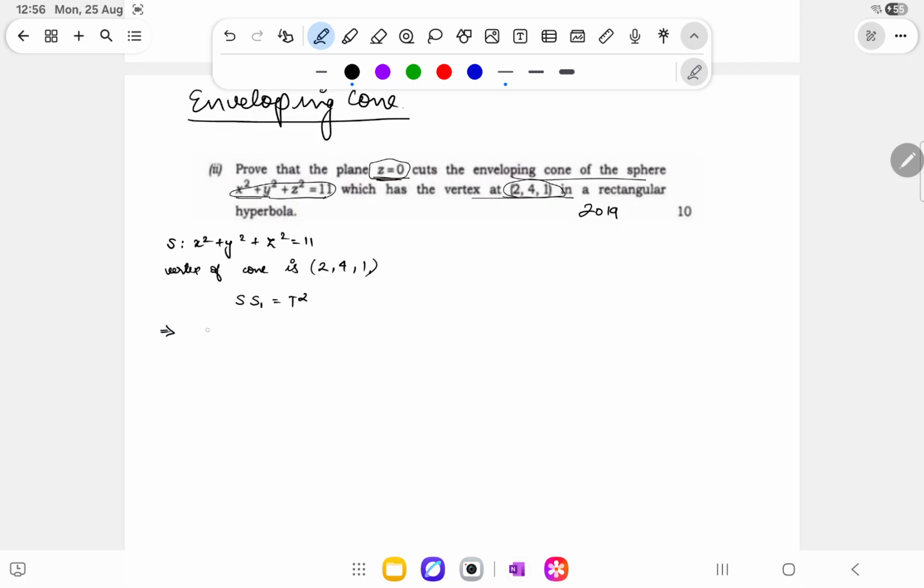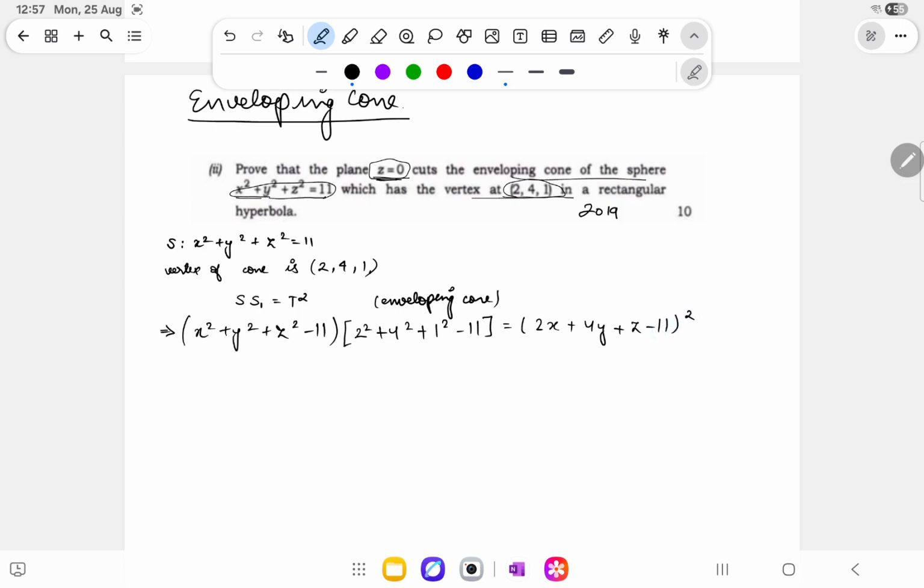Using that, we get our enveloping cone as (x square plus y square plus z square minus 11) into (2 square plus 4 square plus 1 square minus 11) equals (2x plus 4y plus z minus 11) whole square.